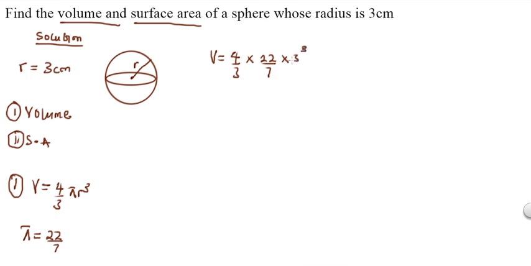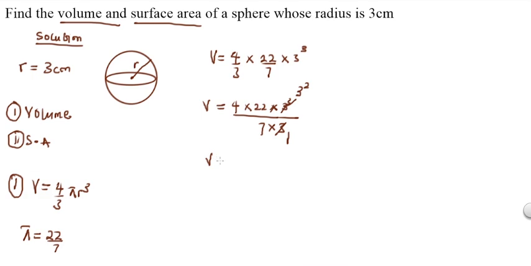which is 3, so this is 3 cubed. Now if I multiply the numerators and the denominators by themselves, I have my volume as equal to 4 times 22 times 3 cubed divided by 7 times 3. So I know that 3 can go into 3 cubed once, and 3 can go into this, so that I have 3 squared here.